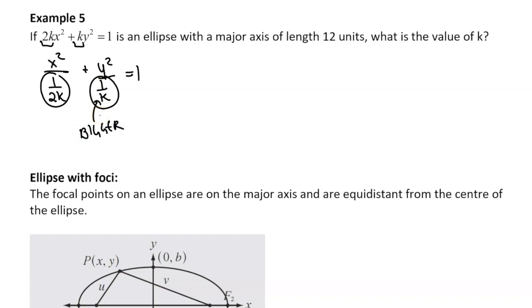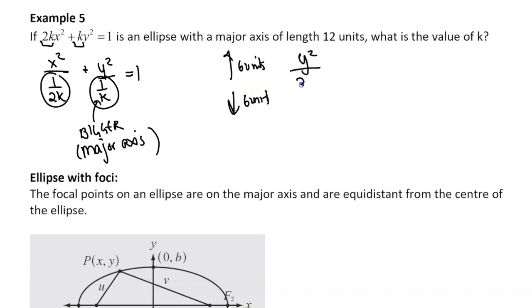And what do we want that 1 over k to be? Well, if we know it's bigger, then we know that's where the major axis lies. And the major axis means that you would be going up 6 units and down 6 units. And if you write that in a y squared form, you would be dividing by 36, because that would produce 6 squared, meaning you would go up 6 and down 6.